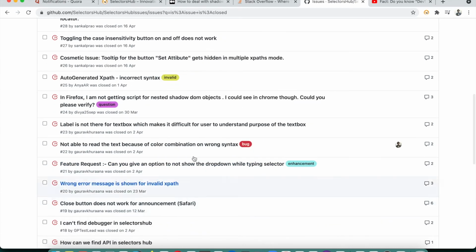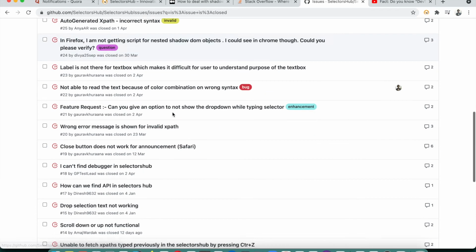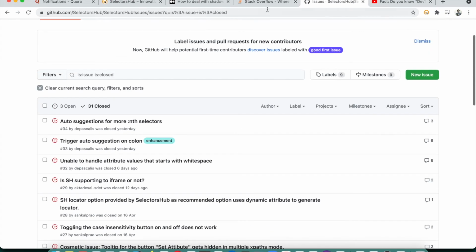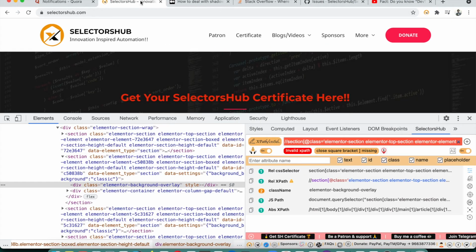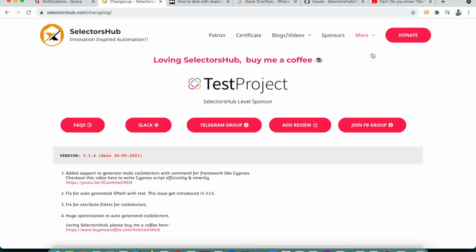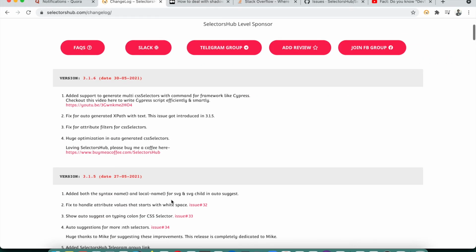They are suggesting what could be the enhancement, if there is any issue, if there is any question, if something is invalid. All those things you will find here in GitHub, as well as you will find their names here on the changelog page, whoever has suggested, and you will find which release is dedicated to whom.